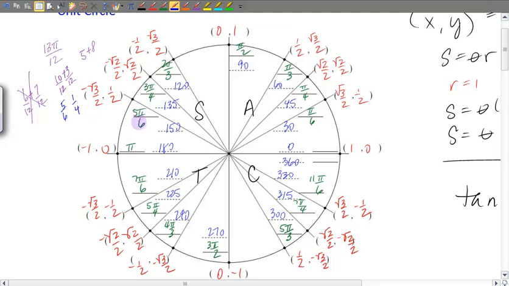Well, 5 pi over 6 exists, and pi over 4 exists. Okay, so this would actually be the angles that I'm going to utilize off of my unit circle. Okay, so that's kind of my strategy for being able to do this. So let's go back to our other notes using 5 pi over 6 and pi over 4.